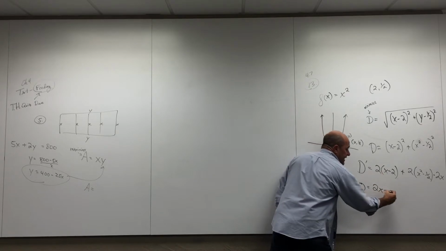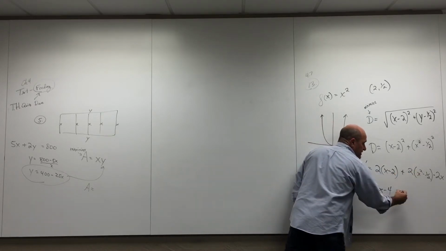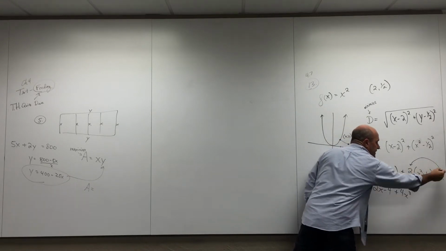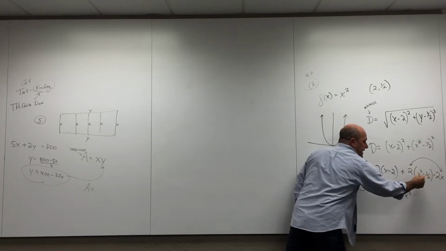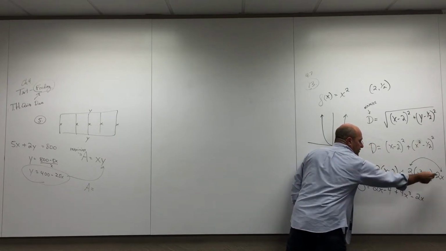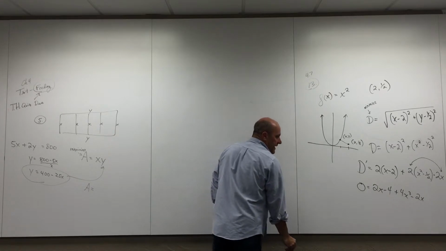Let's see here, 2x minus 4, if I distribute this. Uh-oh, that's a 4x cubed. I'm distributing all this, you guys. That's a 4x times this, and that's a minus 2x. Distributed all that. I'm going to collect like terms.